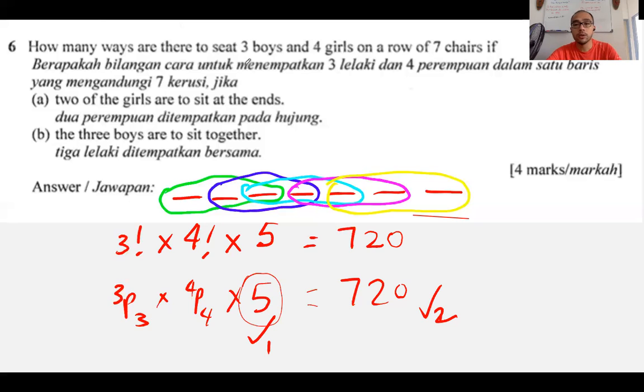Okay, so Spencer wrote it this way, 5 times 3 factorial, dia kasih kurungkan and then times 4 factorial. It's the same thing, you get the same answer, 720, no problem. Okay, tapi seperti saya cakap lah, this is paper 1. If you get the final answer correct, you get the full mark. So don't worry about it.